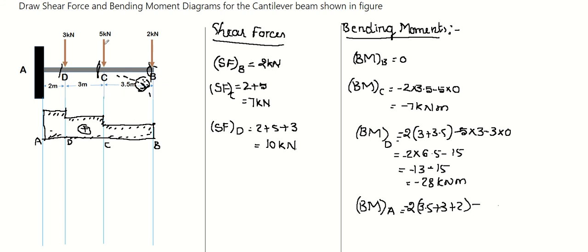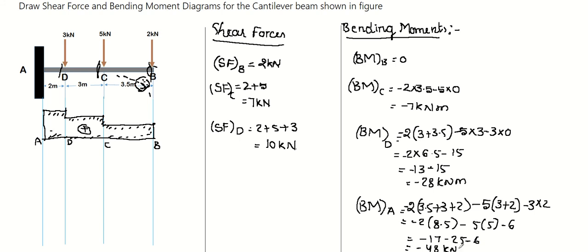Minus 5 into 3 plus 2, distance up to A. So every force multiplied by the distance up to the point we are considering. 3 into 2, this is also a negative bending moment. So that is minus 2 into 8.5 minus 5 into 5 minus 6. That is minus 17 minus 25 minus 6, that is minus 48 kilonewton meter.